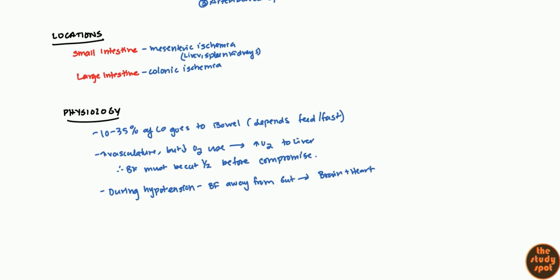Also, if you lose a little bit of bowel, that's probably not as bad as losing brain. So your body tries to preserve brain as much as possible. What are the different mechanisms that can do this? This can be done through the sympathetic nervous system, the renin-angiotensin-aldosterone mechanism, or vasopressin, which is secreted by the posterior pituitary.